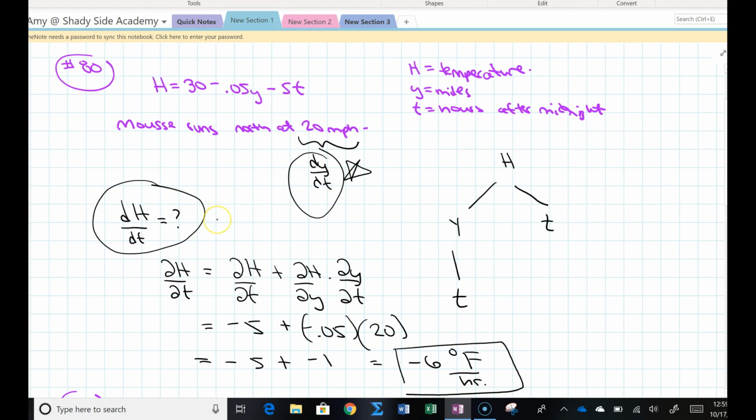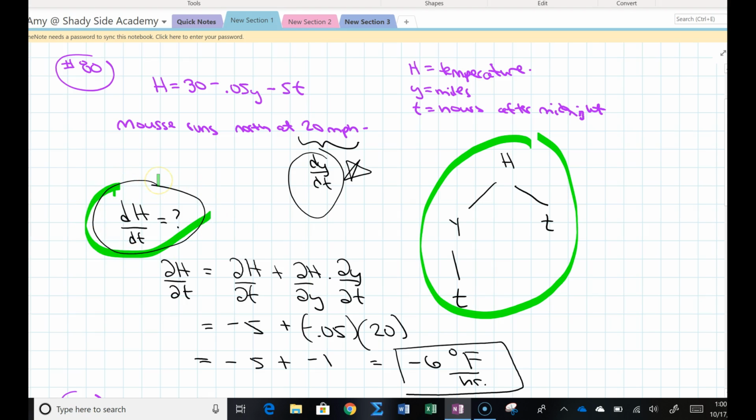Now, the key to this question is recognizing the correct relationship between dh/dt and dy/dt. And this is where this little tree diagram is very helpful. More and more, as we move along in multi, questions can be done a variety of ways. This is, I think, the most intuitive. So h is a function of y and t, but for this moose, y is a function of t. If your goal is to get dh/dt, look what you have to do.